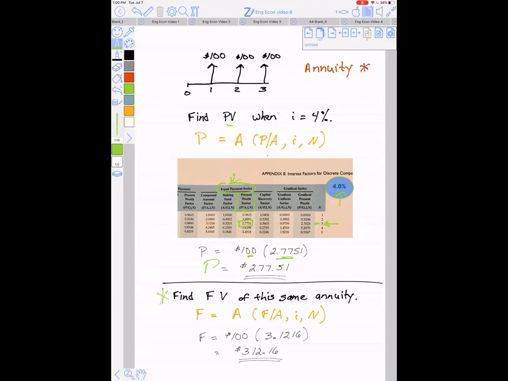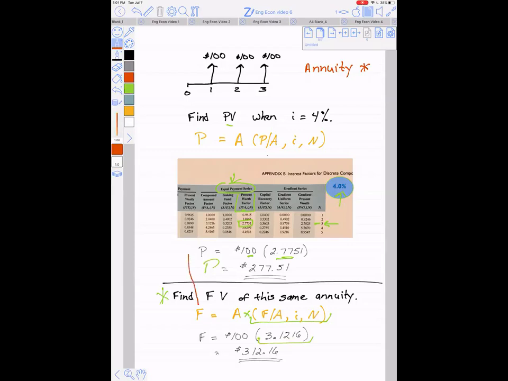Similarly, we can find the future value of that same annuity cash flow stream. Here's how we write future value: annuity amount times a factor from the table, $100 times 3.12. Where did I get that factor? Let's take a look here.